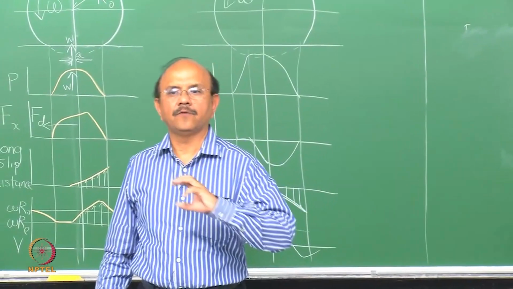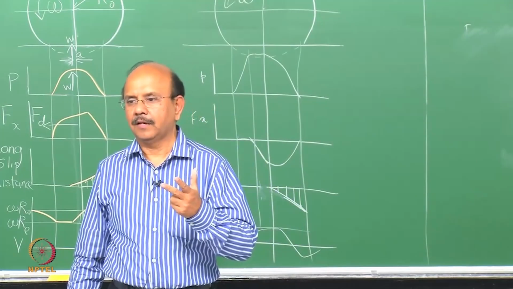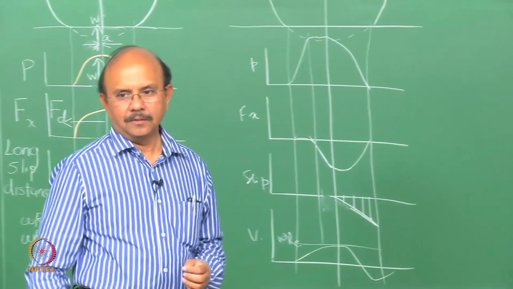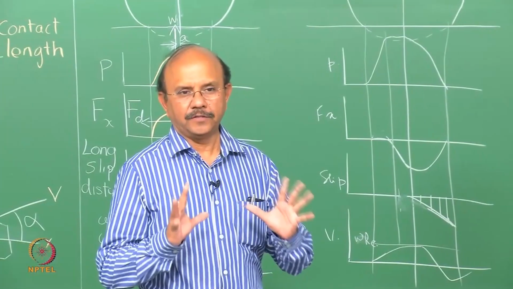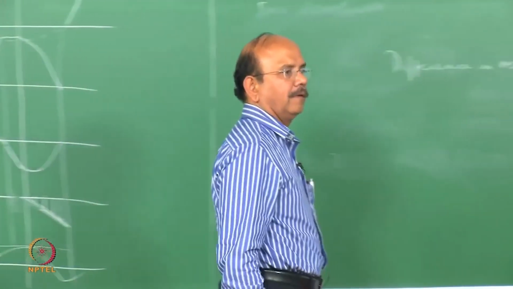What is this difference? The difference between the tangential velocity and the ground velocity. This is what causes deformation.